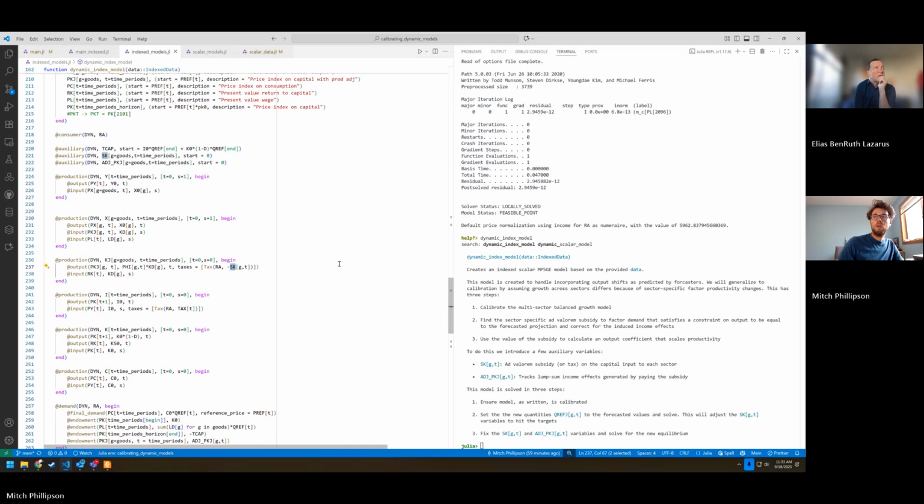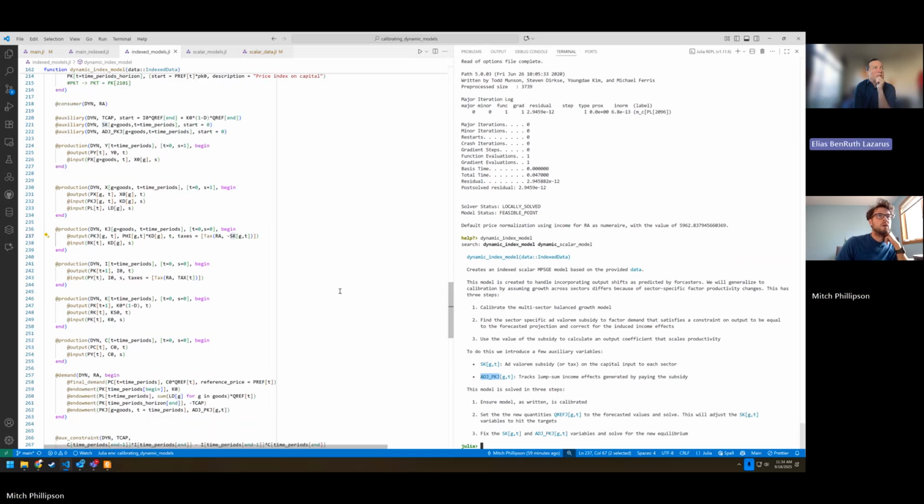Interesting. Yeah, I think this is actually really cool. And then we have another thing that just tracks the effects generated by paying SK, because the payments from this tax have to go somewhere, so we want to track that in the future. Is this similar to the spillover model that Tom did a few months ago, where you have an externality?